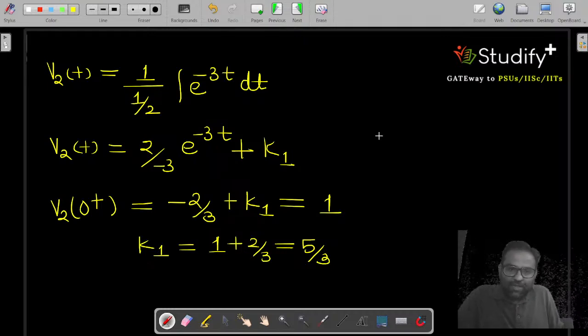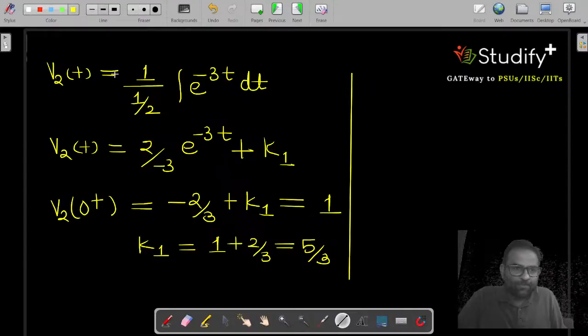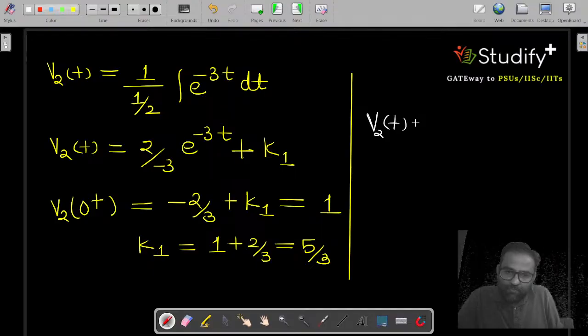Now you know the value of V2(t) also. So the value of V2(t) in our circuit is given by 5 by 3 minus 2 by 3 e to the power minus 3t.